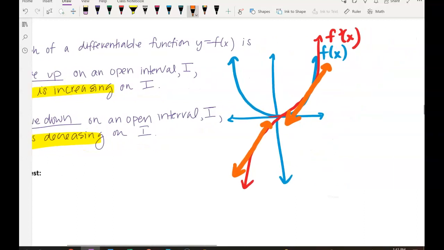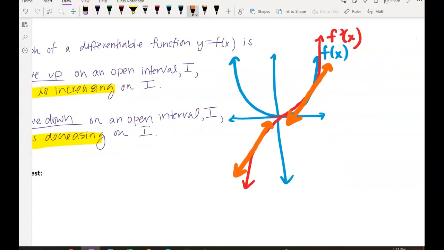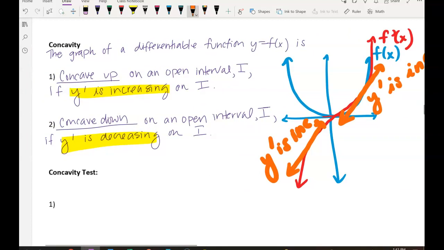So y prime is increasing. If it's increasing, then that means it concaves up based on our definition. Of course, look at this parabola, it's opening up. Concave up means just opening upward, okay?